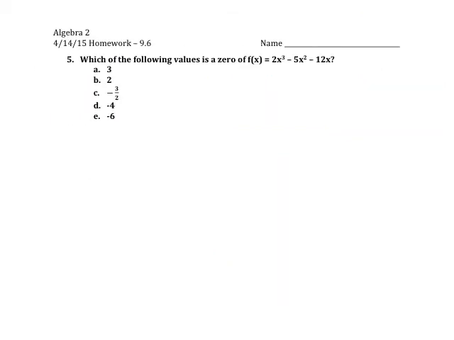So notice there's a problem on the back here. Let's see, which of the following values is a 0 of that function? Probably the easiest way to do this, if you were in a testing situation, would be to take each of these answer choices, stick them into the x's, and see which one gives you 0.